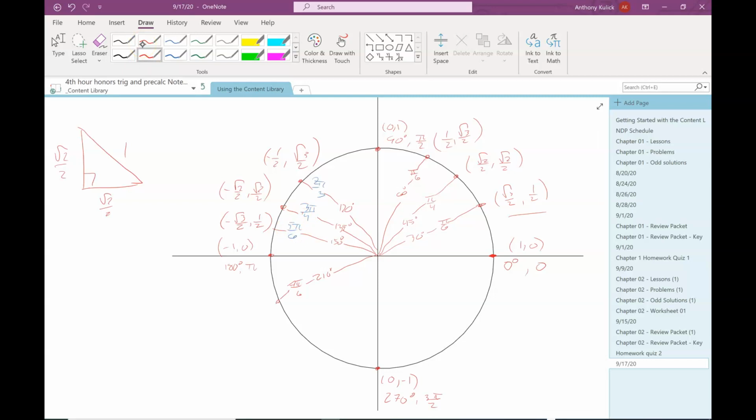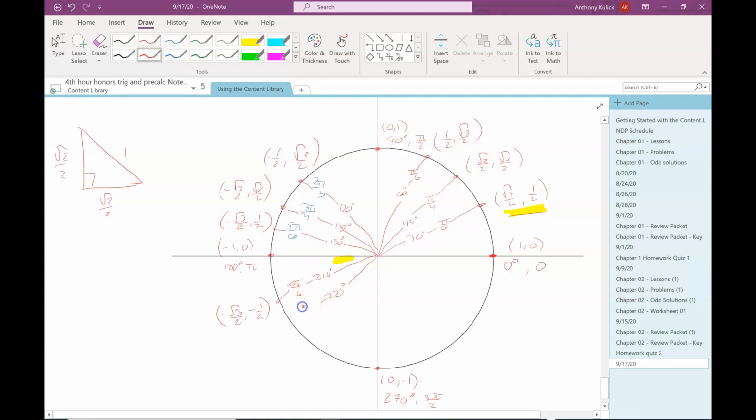So again, the angle that I make with respect to the x-axis is 30 degrees. So it's going to be the same as this point, except since we're in the third quadrant, both x and y should be negative. And I can continue doing a similar construction here. 225, and that is 5 pi over 4.